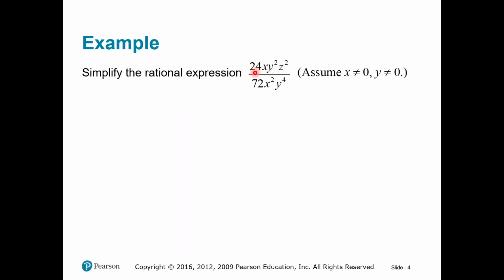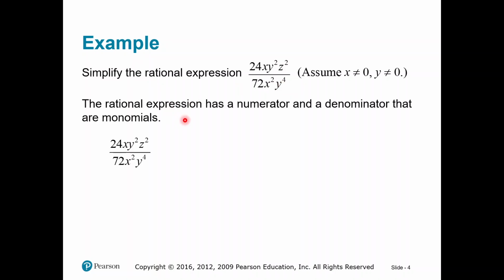I have 24x y squared z squared over 72x squared y to the 4th. These already factor, so let's just divide out.